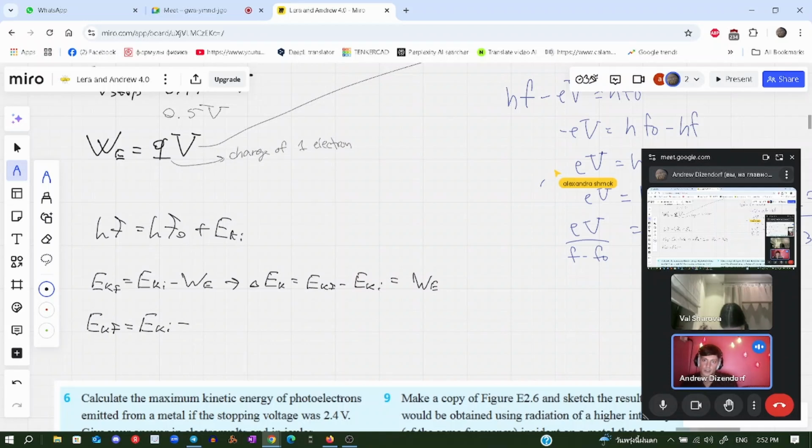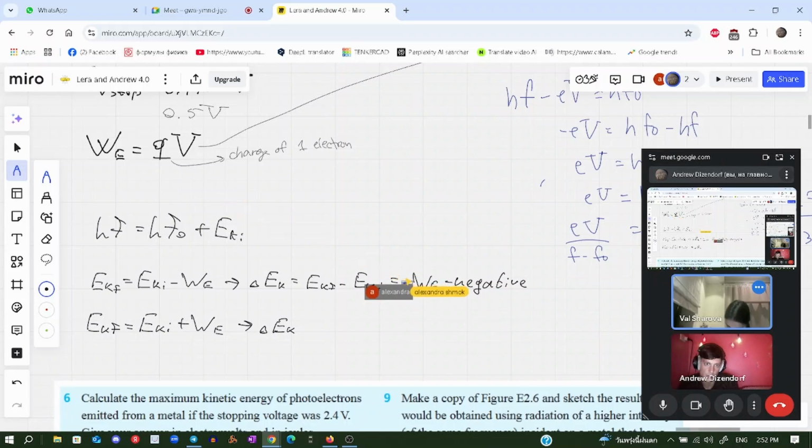The initial plus the work of the electric field, delta E kinetic. Couldn't this then be negative? Yeah, it has to be negative, and I wrote it down now. When you get the number, it will be negative.